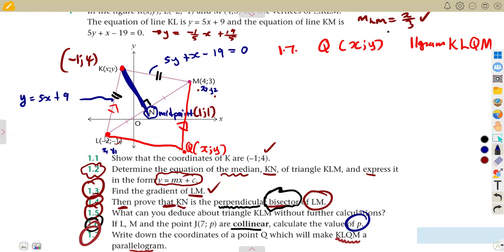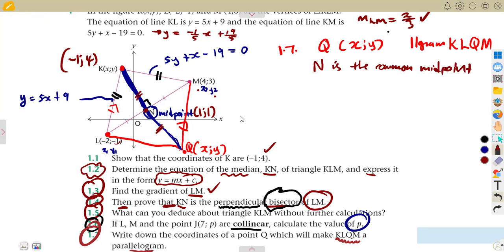Remember, N is the midpoint of LM. LM is going to be a diagonal. Remember the concept about a parallelogram. We're back now to the properties of shapes from grade 10. The diagonals of a parallelogram bisect each other at a certain point, meaning this point N is the common midpoint.